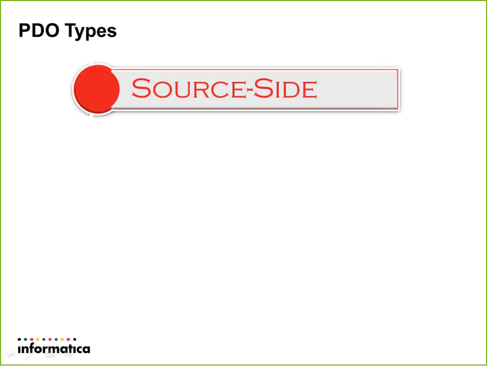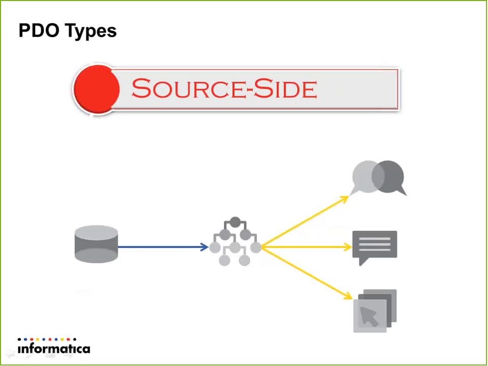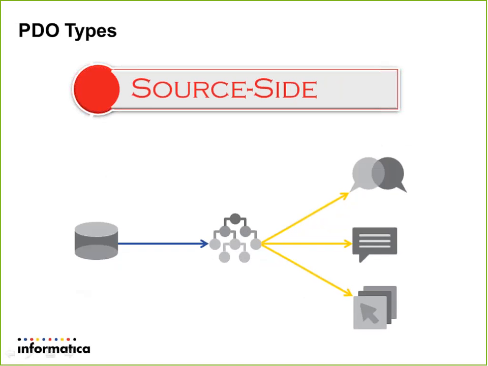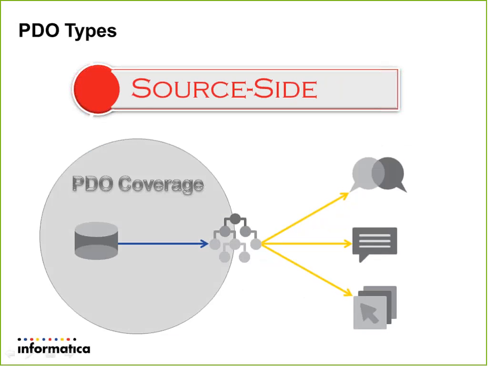Consider a mapping scenario that has a database as a source that involves a non-database target like flat files and other applications. Source-side pushdown optimization could be configured in such cases. When a session is configured for the source-side pushdown optimization, the integration service analyzes the mapping from source to the target until it reaches a downstream transformation that it cannot push down.